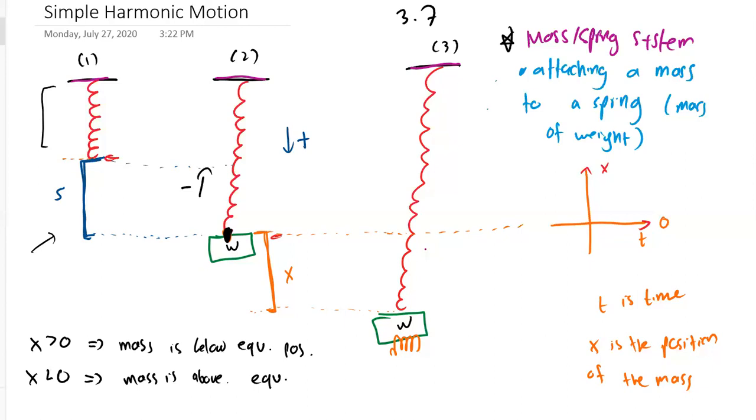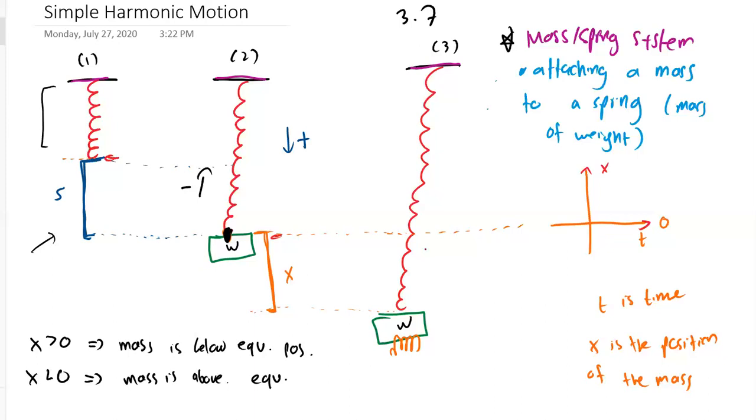So in picture 1, we can see the original state of the spring. When we attach this weight, and this weight stretches the spring an extra S units past this resting point, what happens? Well, the spring has this restoration force that wants it to go back to its original state, how it looks in picture 1.